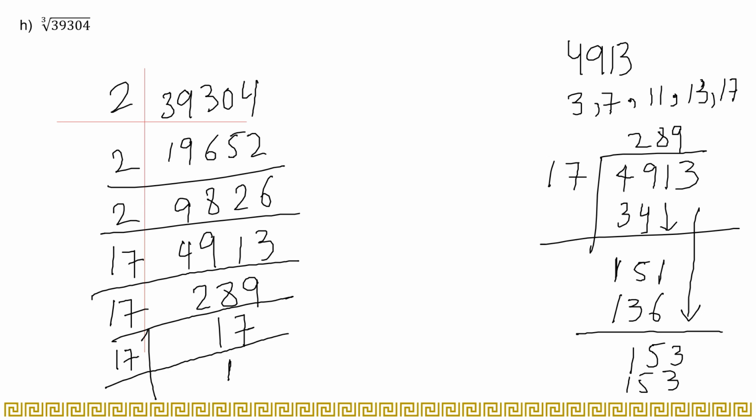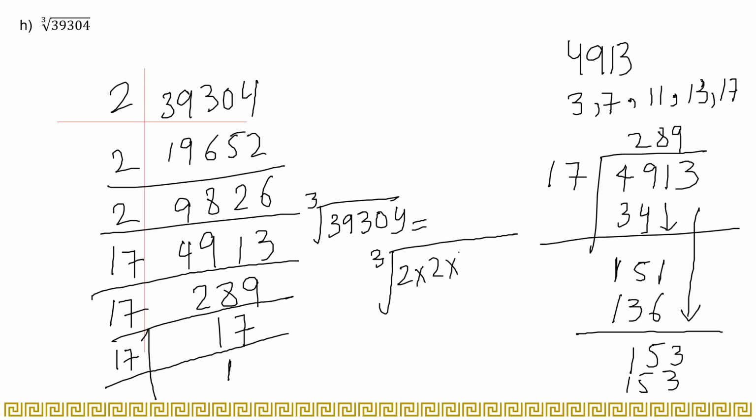Again, writing it in the same form we used before, cube root of 39304. Cube root of 39304 is equal to cube root of 2 multiplied by 2 multiplied by 2 multiplied by 17 multiplied by 17 multiplied by 17.